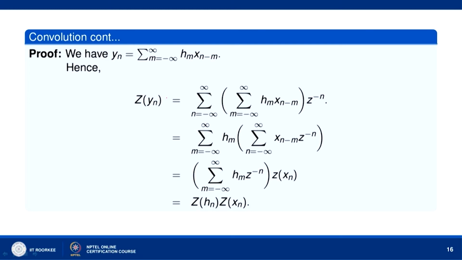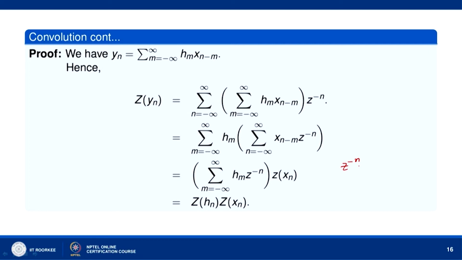The Z transform of y[n], by definition of the bilateral Z transform, is the sum over n from minus infinity to infinity of y[n] z to the power minus n, and this can be written as the sum over m of h[m] times the sum over n of x[n minus m] z to the power minus n.